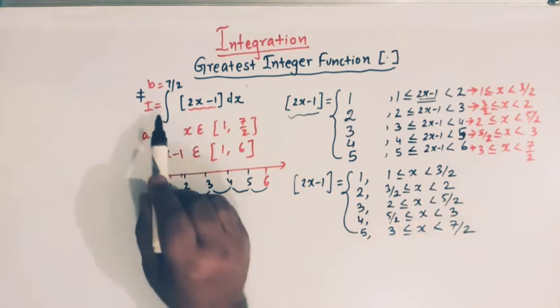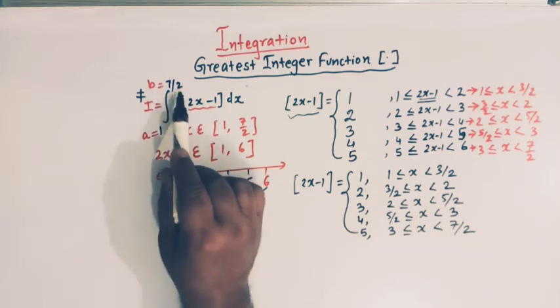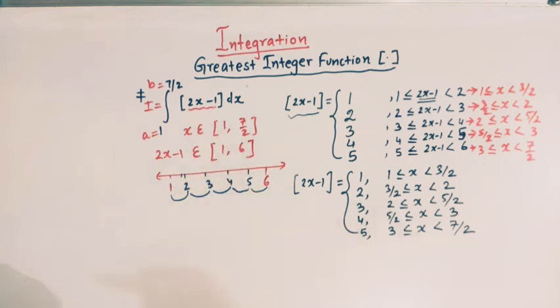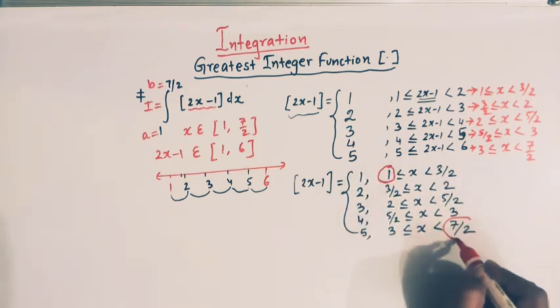So in the initial integral we have the limits from 1 to 7 by 2, right? So we have written this function as a piecewise function from 1 to 7 by 2.